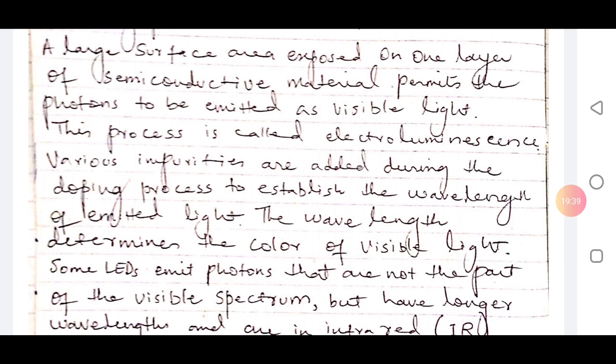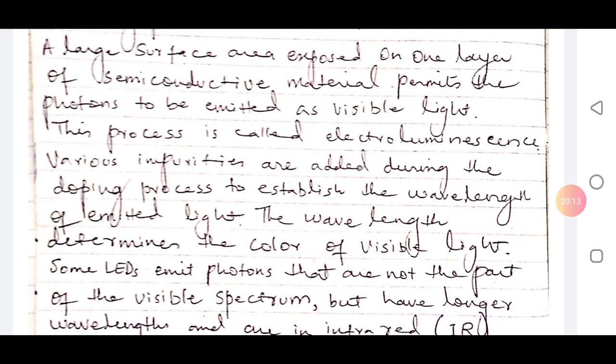By adding these impurities during the manufacturing of LEDs, we control the doping process to establish the wavelength. Why? Because the wavelength determines the color of visible light. By controlling the doping process, we are controlling the wavelength of the visible light, and by controlling the wavelength, we are determining the color of that visible light.